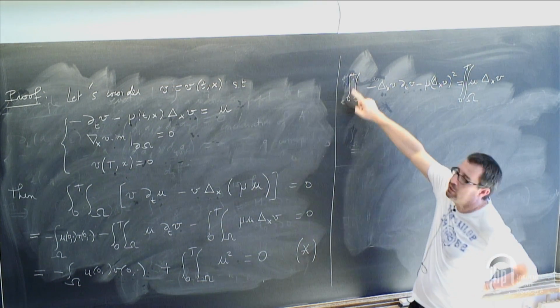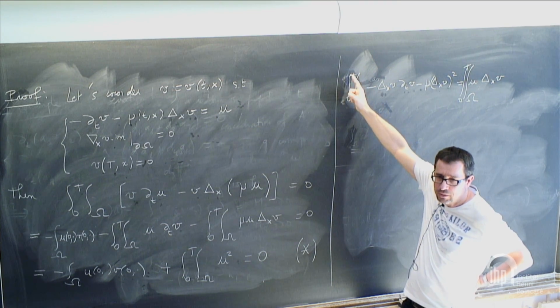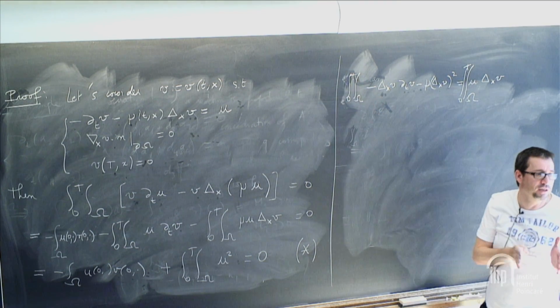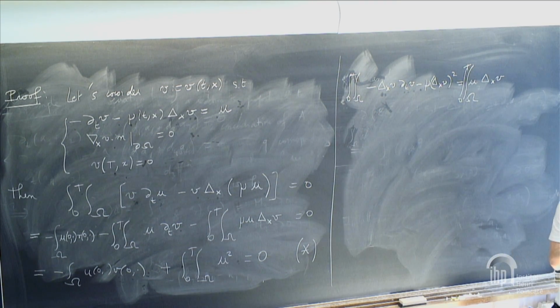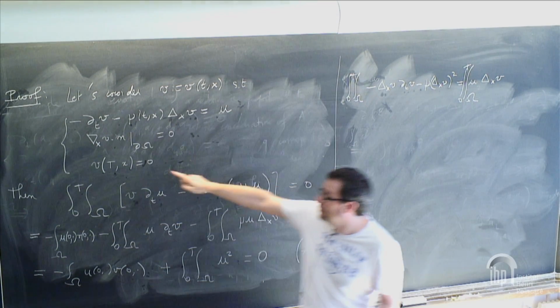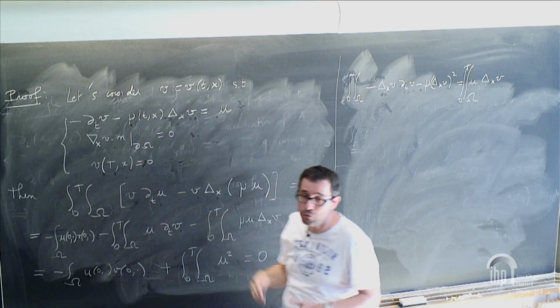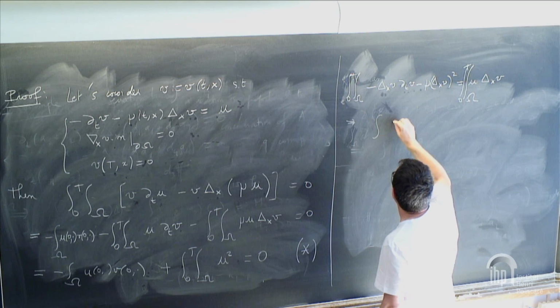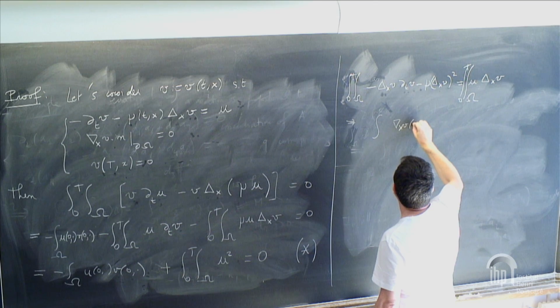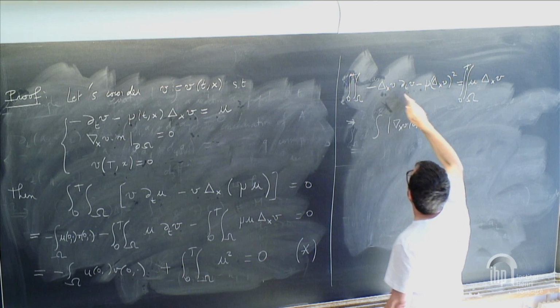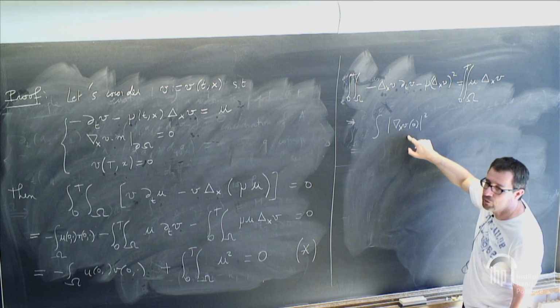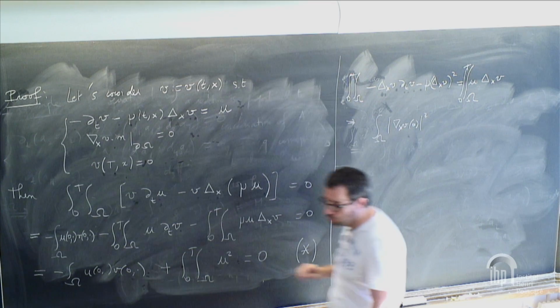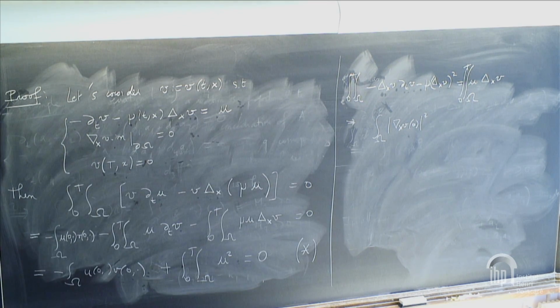And now if you integrate with respect to time, you will get the gradient of v at time t minus the gradient of v at time 0. But v is 0 at time t, so at the end you get just the gradient of v at time 0. So the term which is here, after integration by parts, it just gives you this up to the sign.